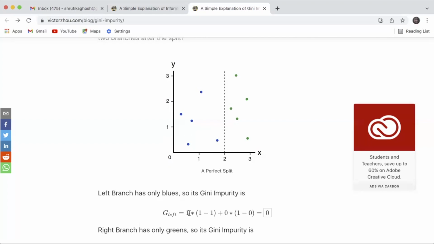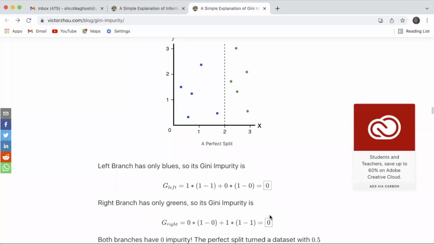That is what we have written, into 1 minus 1, which becomes 0, plus probability of picking a green ball, which is 0 from this bucket of blue balls. So finally the Gini impurity on the left is going to be 0, which means that it is a pure data set.